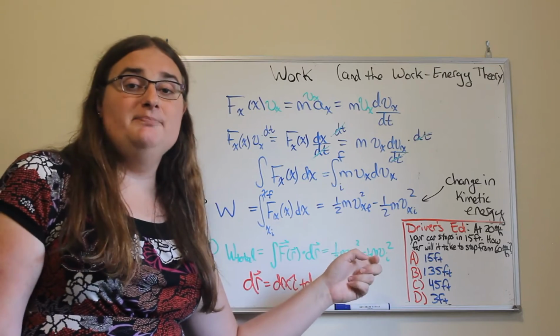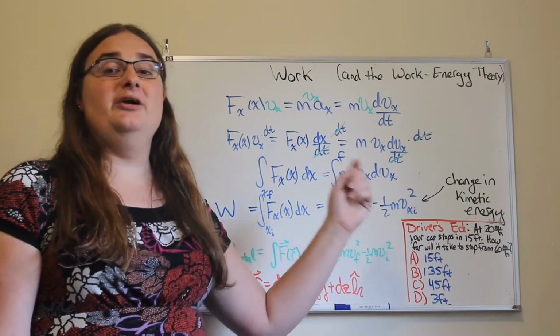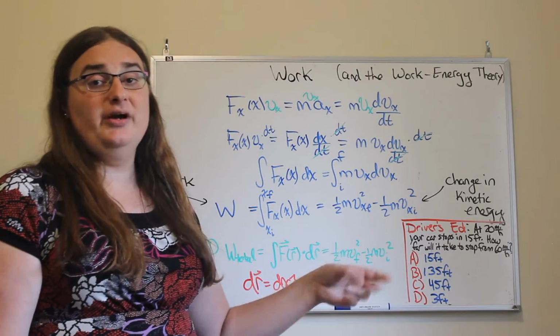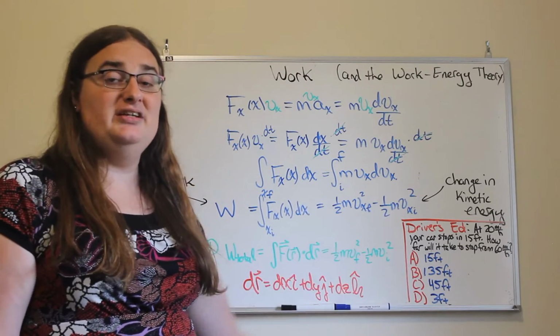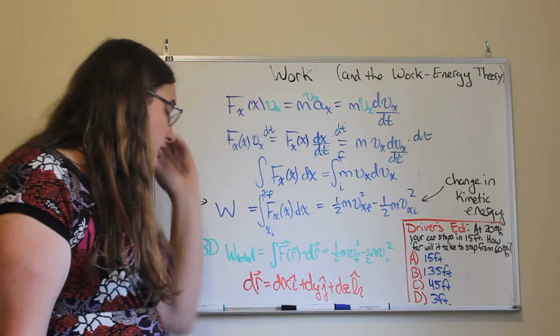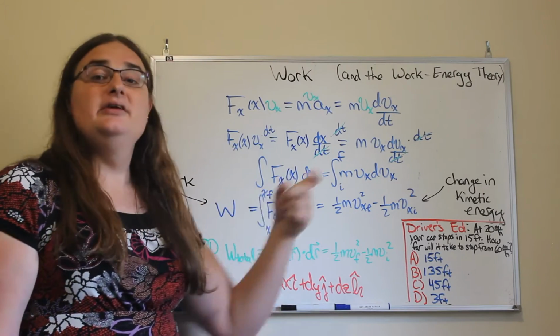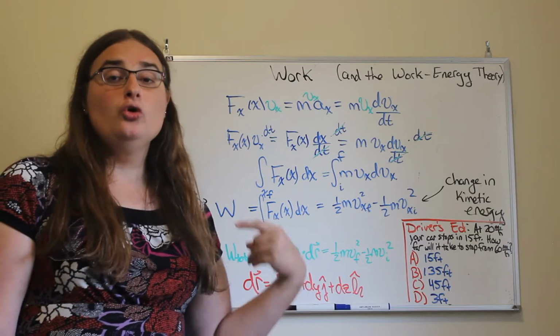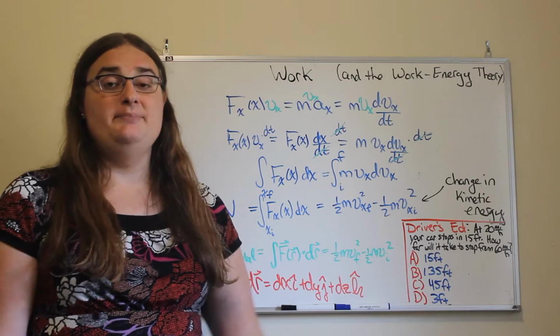So that would be our x component squared plus our y component squared plus our z component squared. And this initial velocity squared would be v initial dotted with v initial. So the total work done in all directions combined can change the total amount of motion of an object.